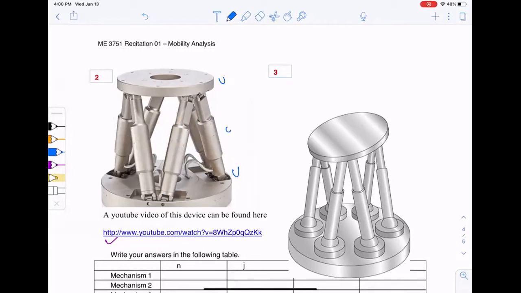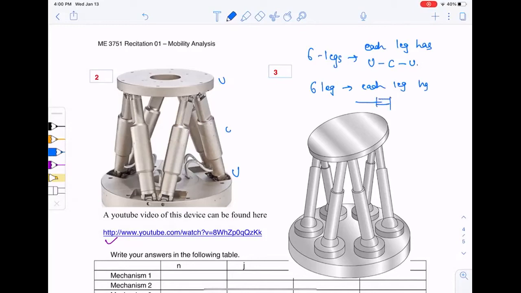So in total, we have 6 legs, and each leg has U joint, cylindrical joint, and U joint. Now let us analyze the number of links in this case. Each leg is connected with the cylindrical joint, so it's kind of one link sliding over the other link.